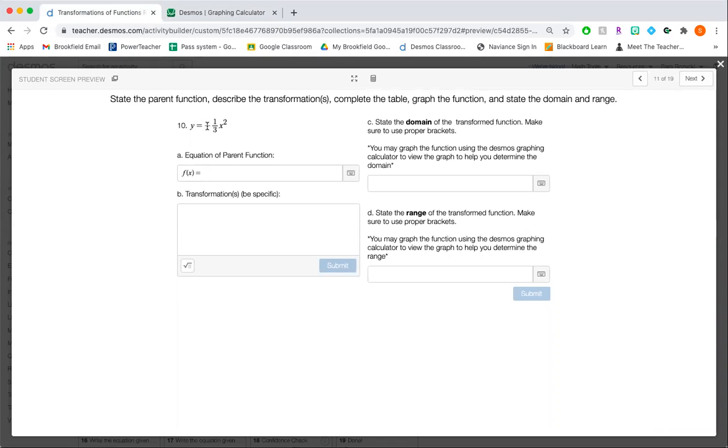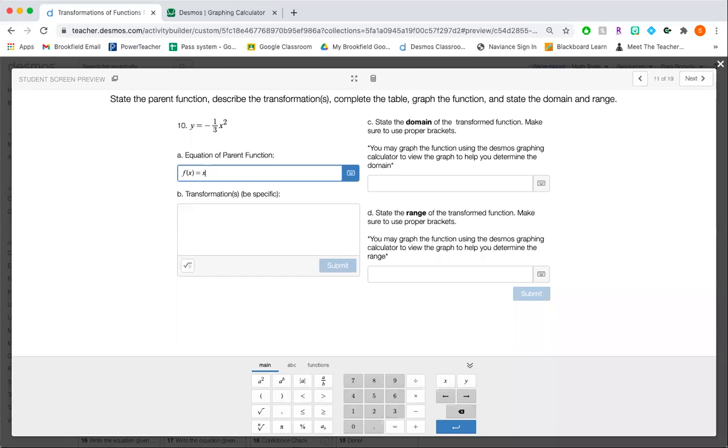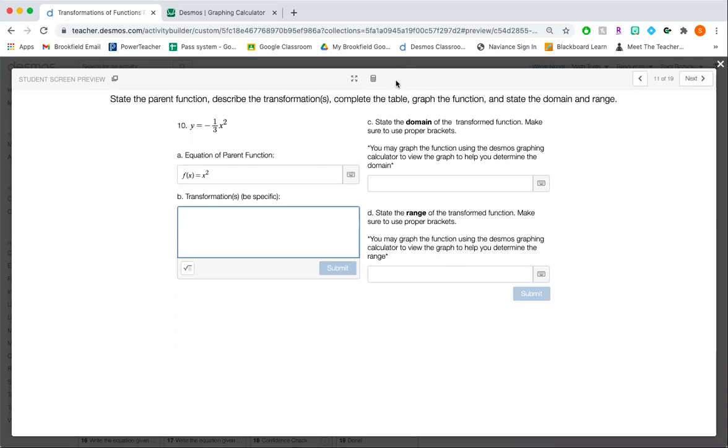Another quadratic here. I have 2 separate things, 2 additional pieces compared to my parent function, which is x squared. I have a negative out in front and I have a 1/3, unrelated to one another. Each of them are their own transformation. So the negative is something and then the 1/3 is something else.